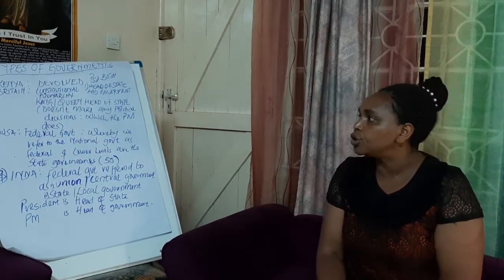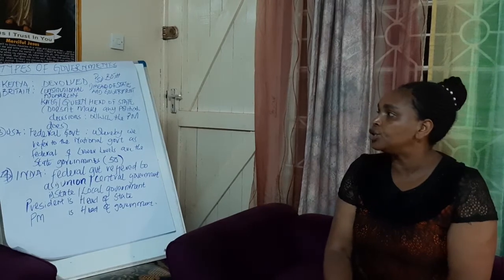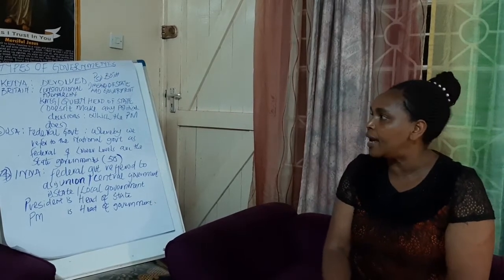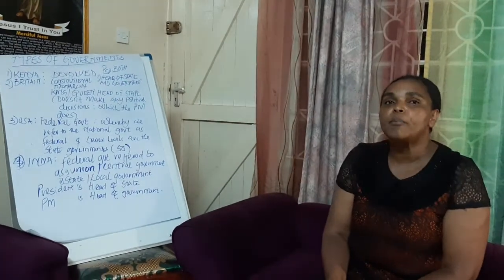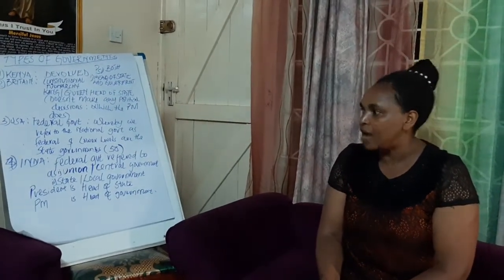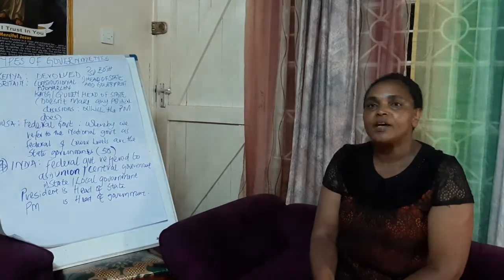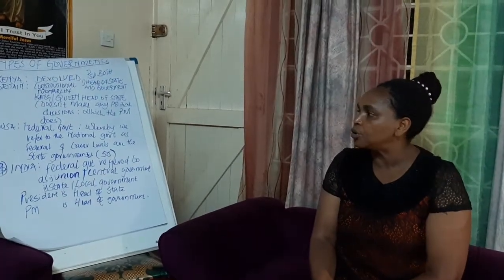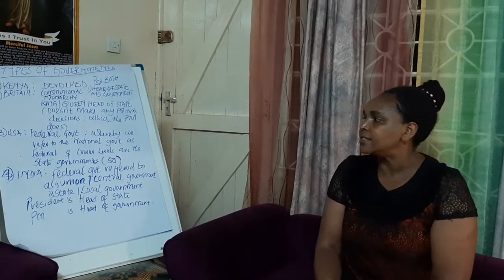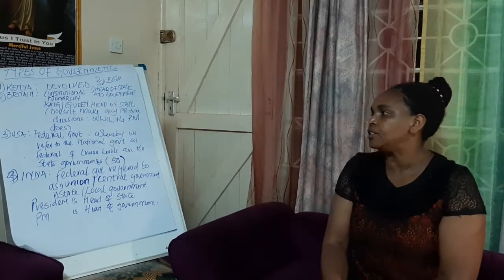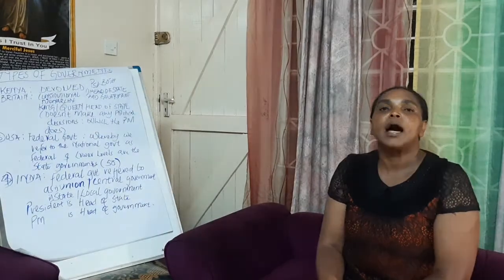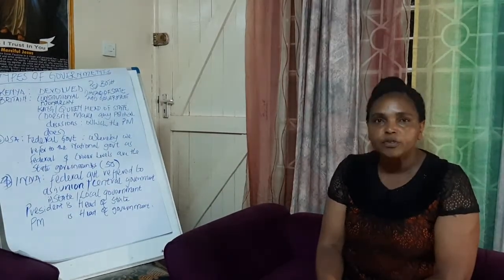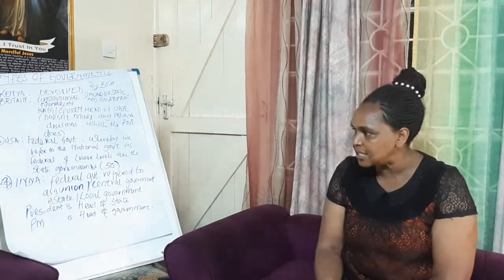Britain, constitutional monarchy, where we have the traditional monarchy headed by the king or queen being the head of state, and we also have a prime minister who is the head of government. USA having a federal government, one national unit, which we refer to as the federal government or the national government, and we have a lower level of state government. Here we only have a president who is both head of state and head of government, just like in Kenya.